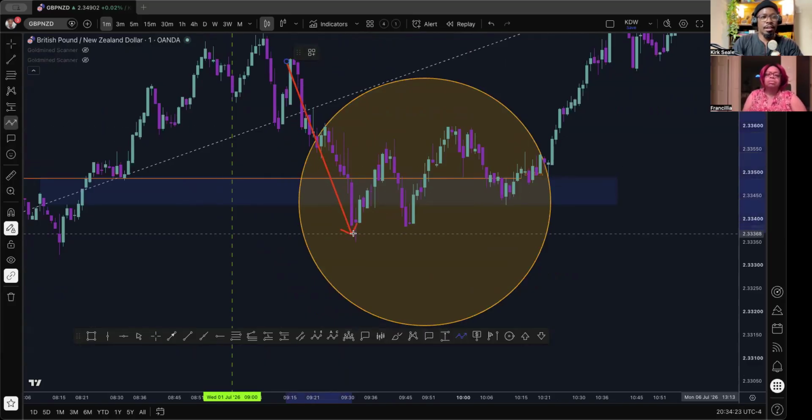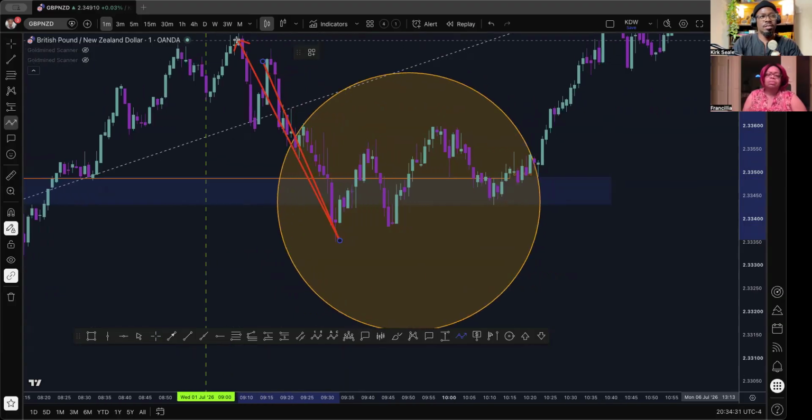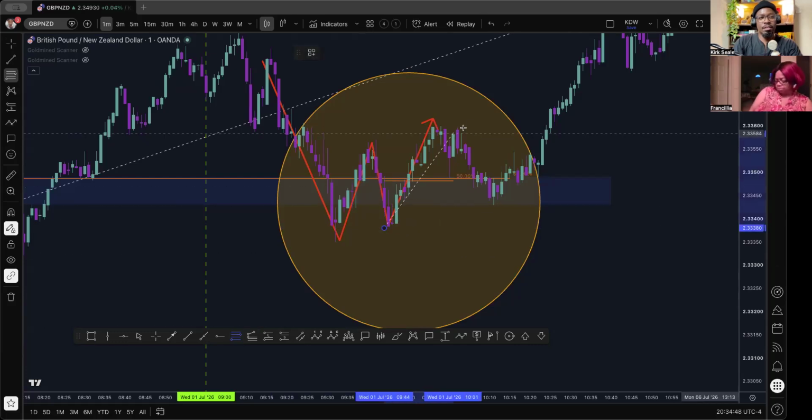So we're already in here and we're just looking to get the same thing that we were looking for before. So this is a high, lower low, lower high, lower low, lower high, maybe higher low, higher high. We do the same thing. About 50% of this right here.